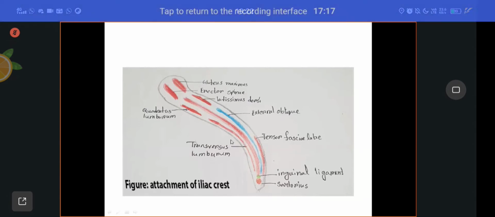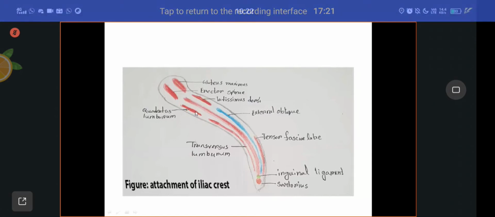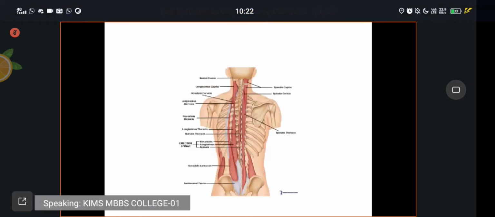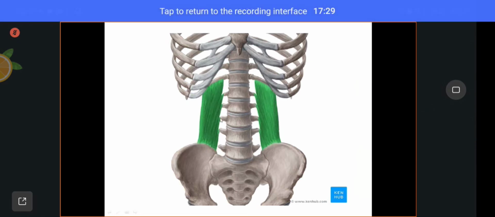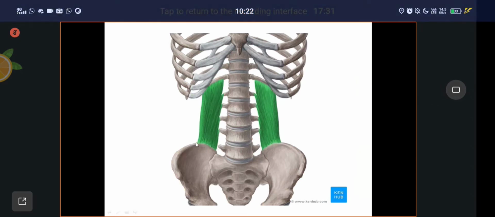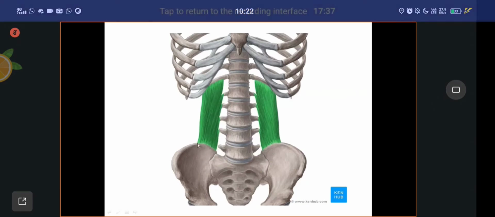And one more muscle is there from the inner lip. That muscle is called quadratus lumborum. If you see this muscle here, this is a posterior abdominal wall muscle, arising from the iliac crest. Why has the name quadratus lumborum come?